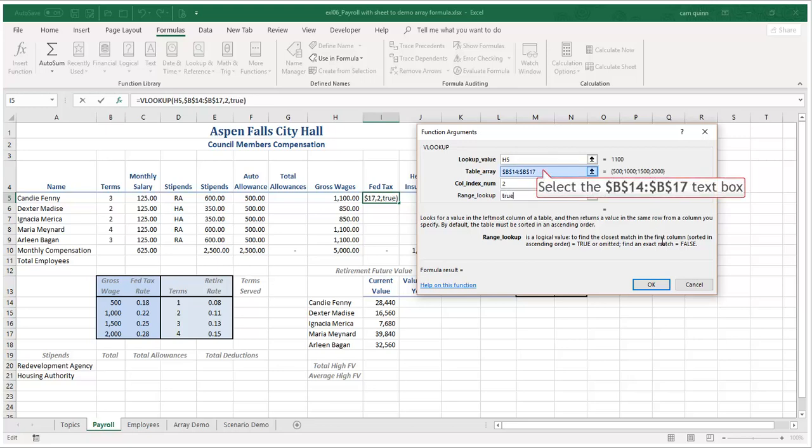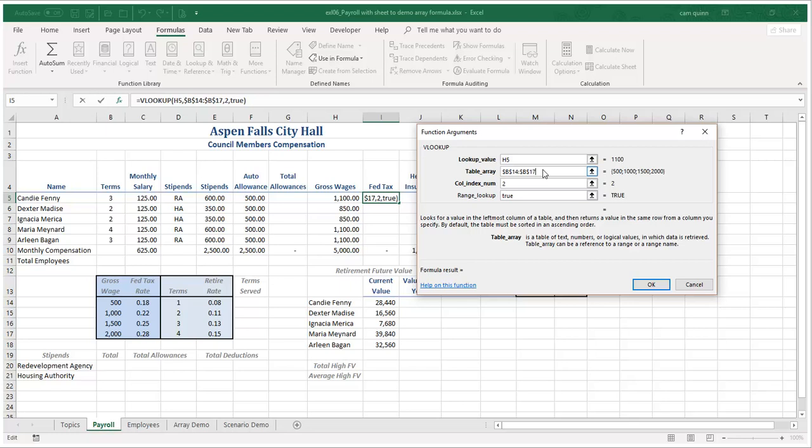Okay. Now let's go back to the table array. Remember what happens here. Basically, remember we're calculating this particular tax rate for Candy Finney. So row 5. Remember, when I use the fill handle to copy a formula, it's going to adjust all these references. So it's going to change H5 to H6 when we start looking up Dexter Medice.